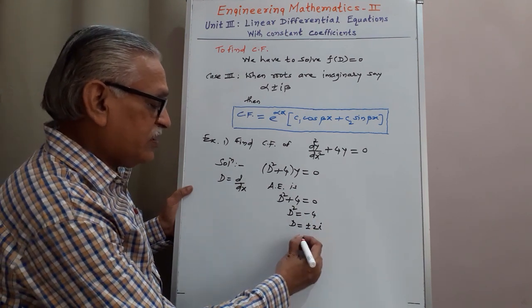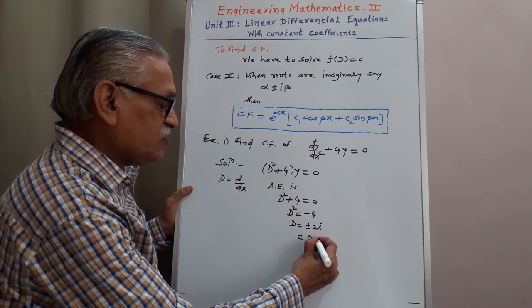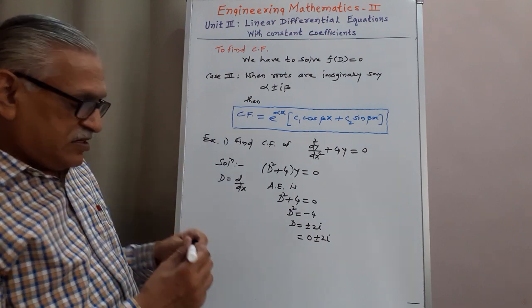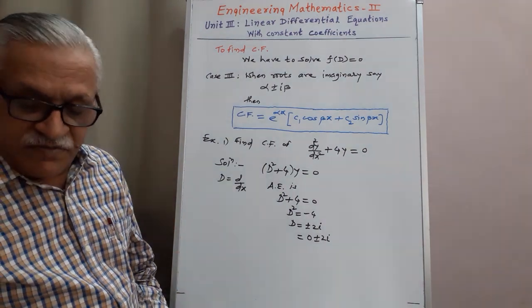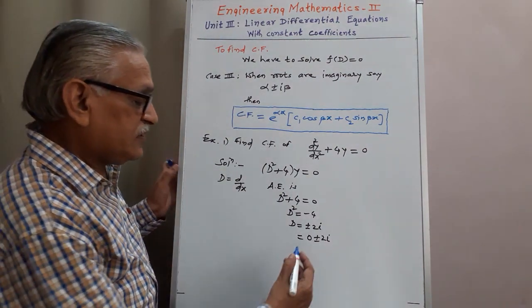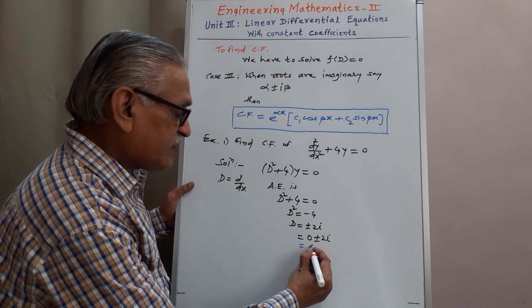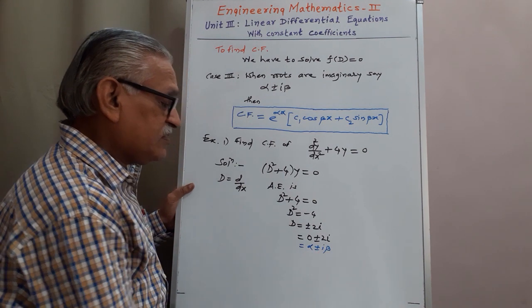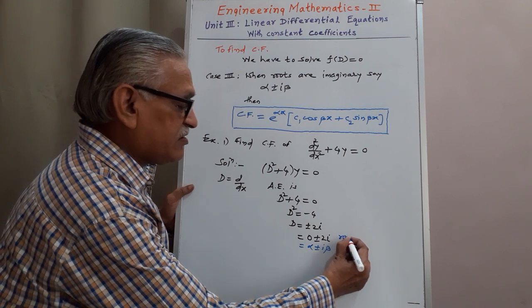And therefore, D is equal to 0 plus minus 2i. Roots are, therefore comparing with this general form, imaginary.